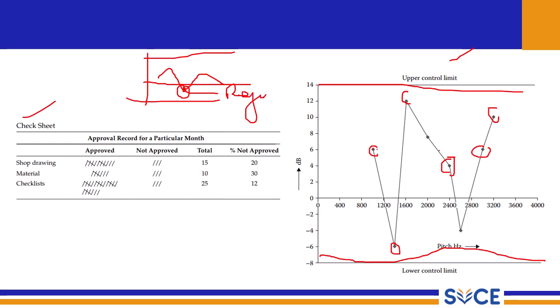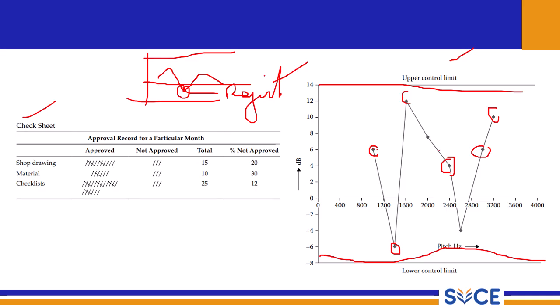The items which come within the upper limit and lower limit are what we have to take. If it goes over the upper limit or below the lower limit, then that particular item will be rejected. That is the prime purpose of drawing the control chart.